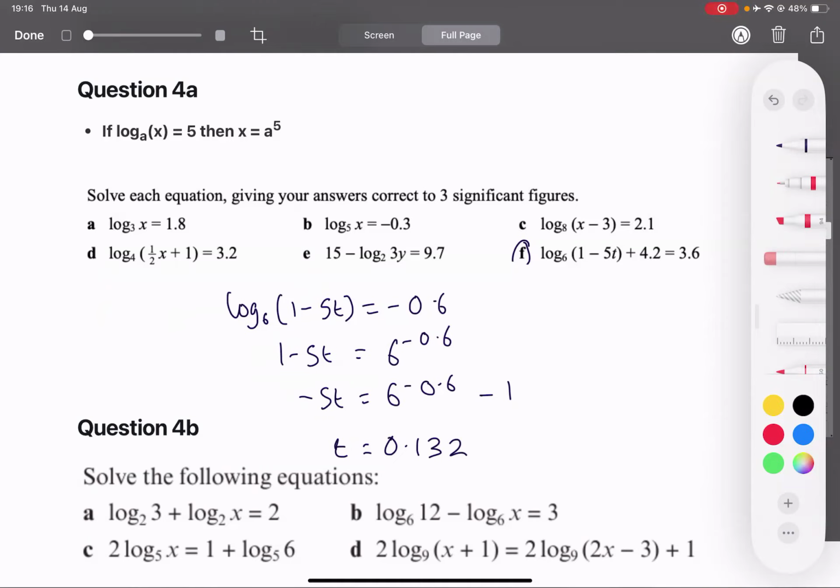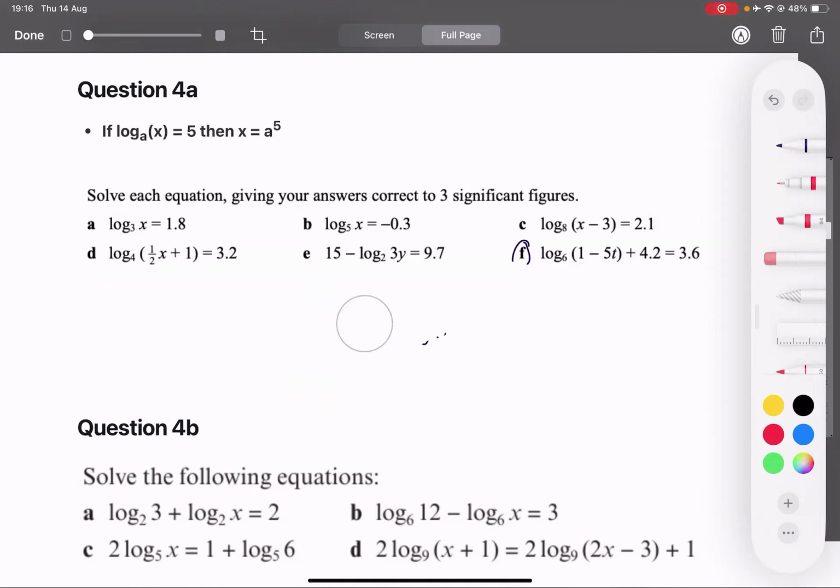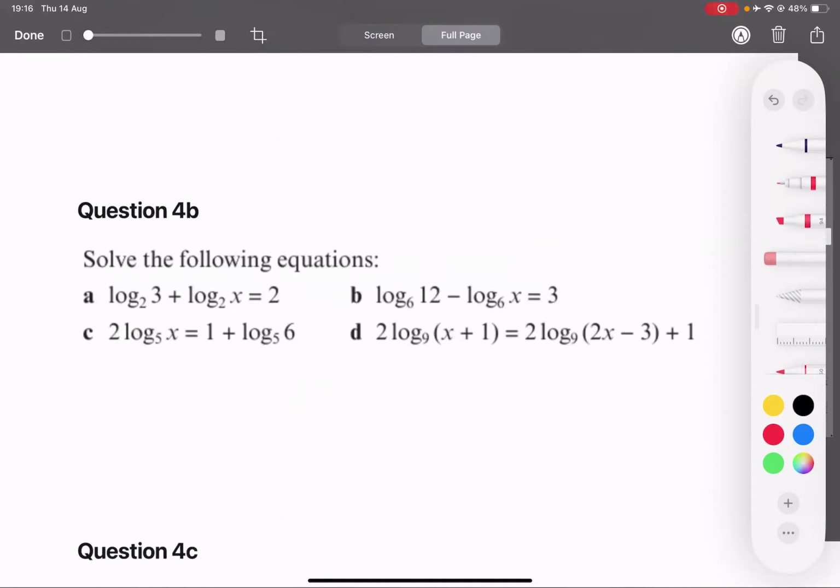Cool. So these are like one-step log equations. So now we have the proper log equations. I'll show you how to do them. So we've done this rule before. I guess you could call log base 2 of 3 and log base 2 of x like terms. How could you collect those two like terms based on one of the log rules we learned a while back?